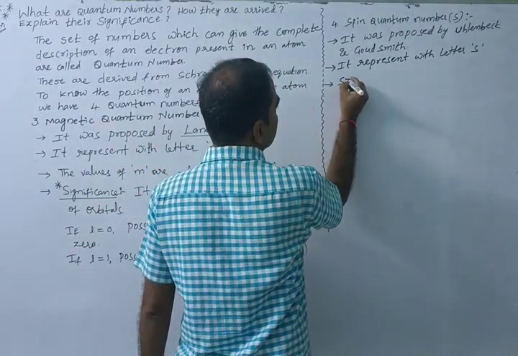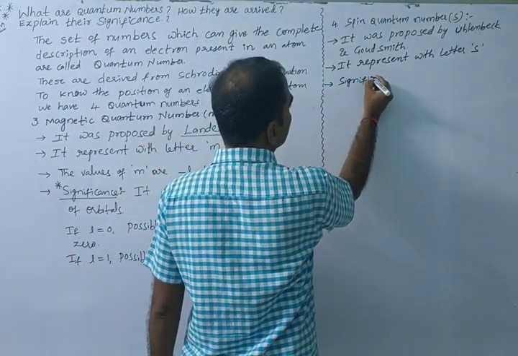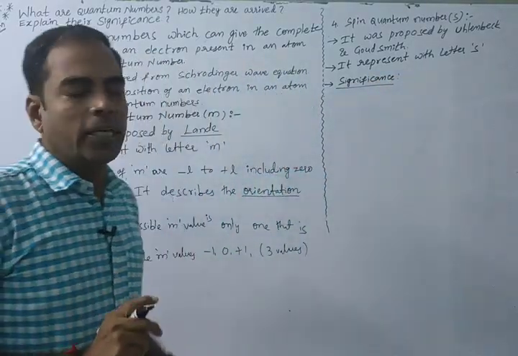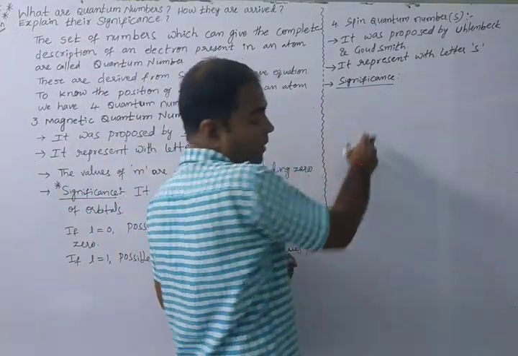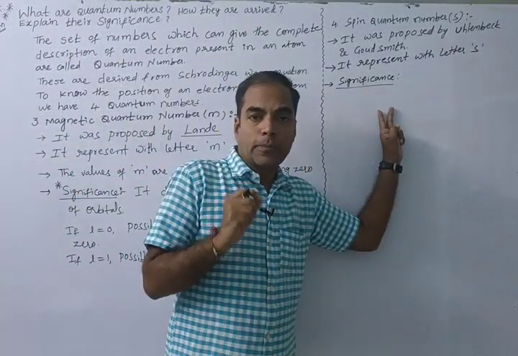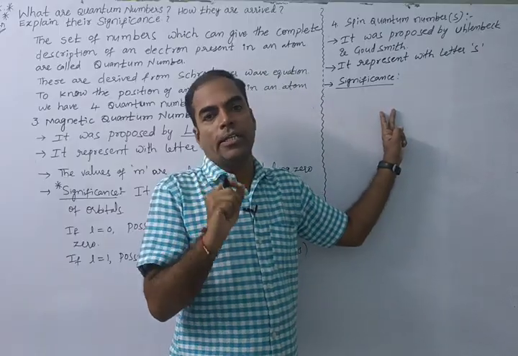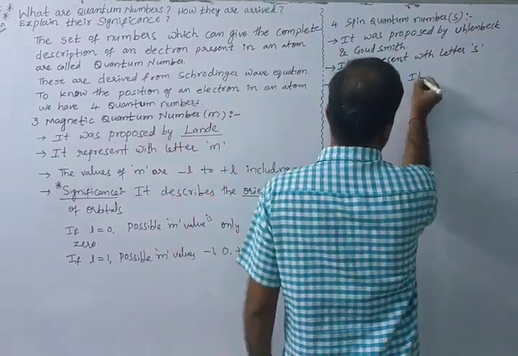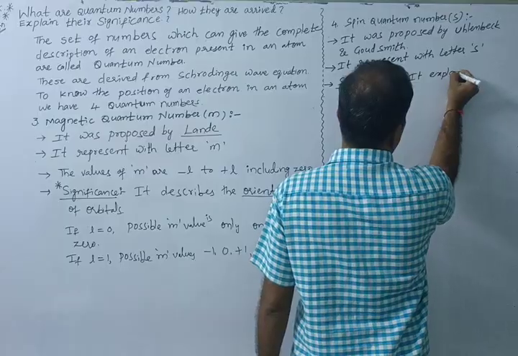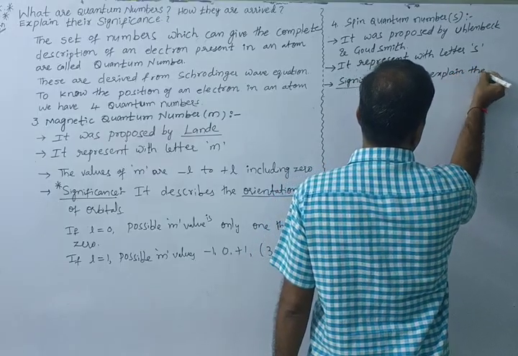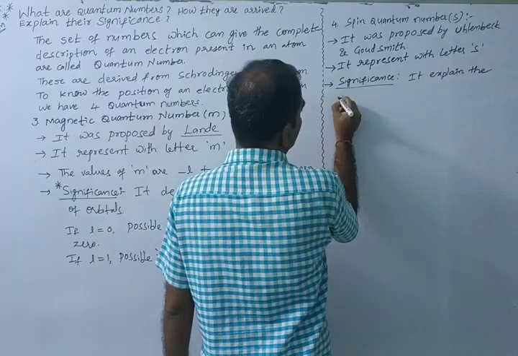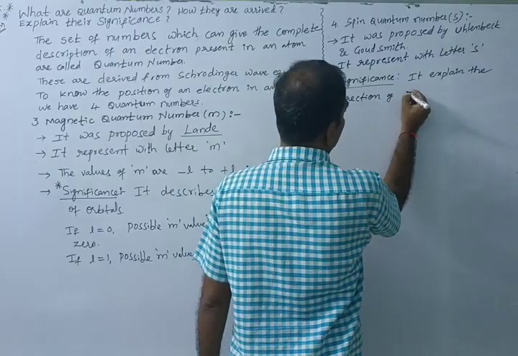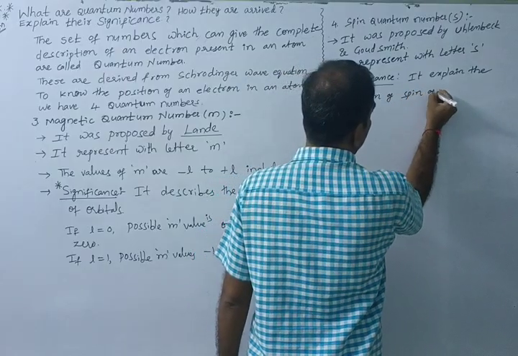The significance: it mainly explains the direction of the spin of electron.